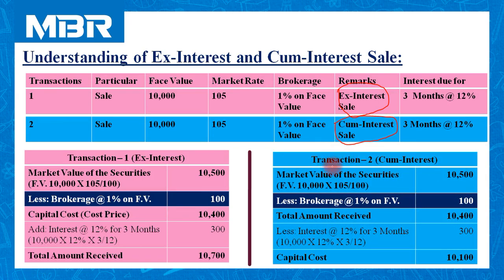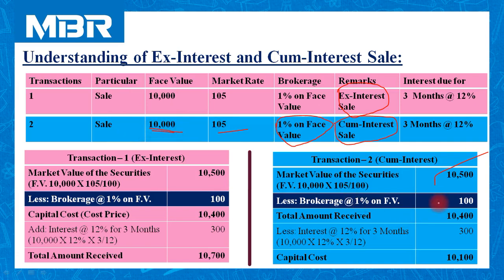Let us check. Market value of the securities, face value is 10,000, market price is 105. So 10,000 multiplied by 105 per 100. So, market value of the security is 10,500. Brokerage, as per information given to us, brokerage is 1% on face value. Face value is 10,000.